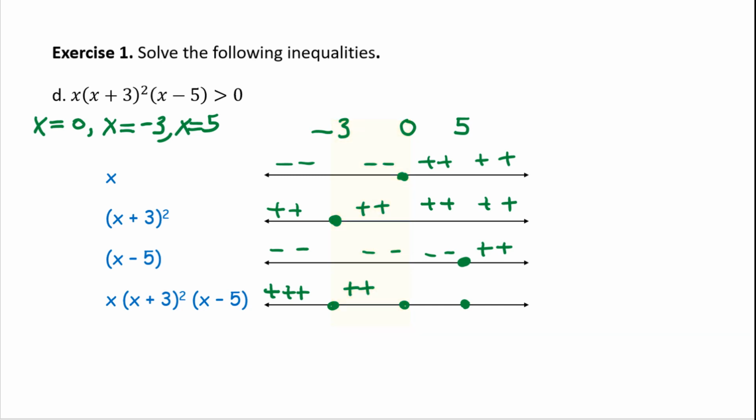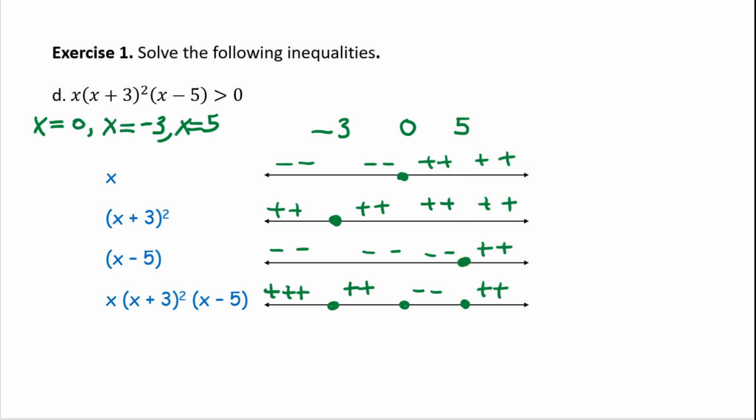The next interval, 0 to 5, we have positive, positive, and negative. The product is then negative. And the rightmost interval, from 5 to infinity, the signs are positive for all three factors, so the product is positive.